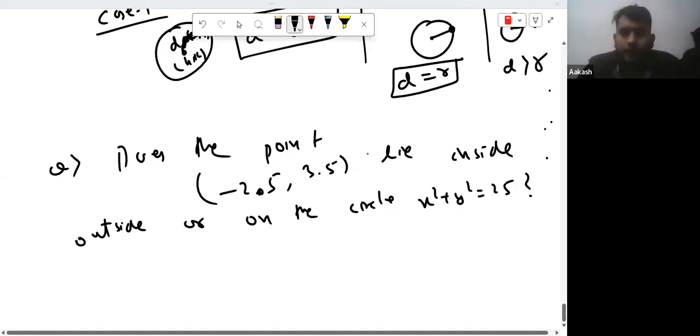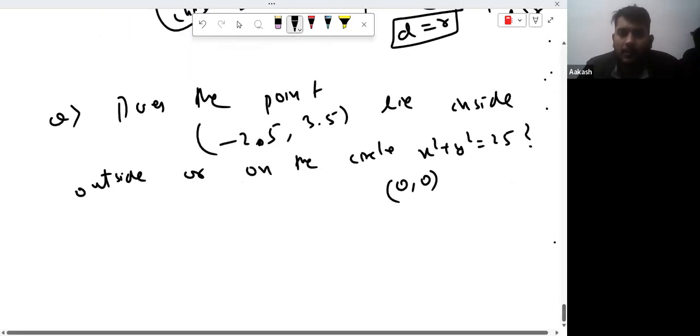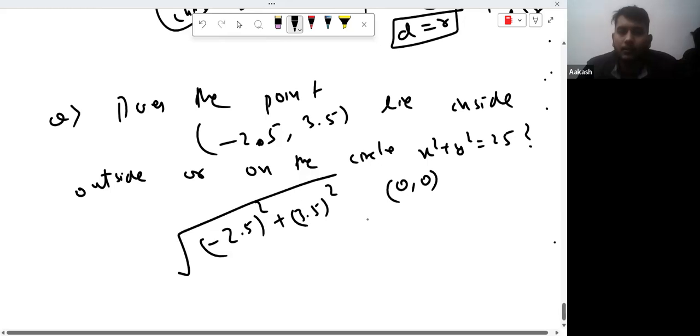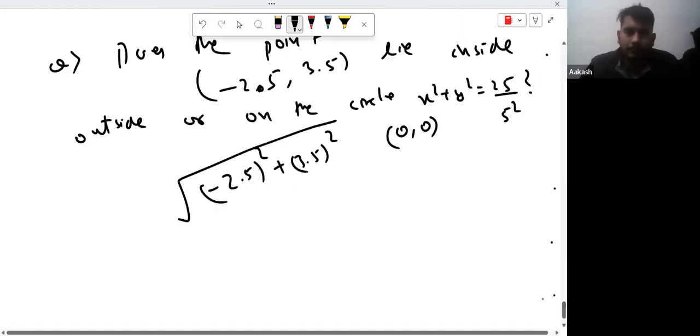Done. The center is 0, 0, right? And the point is minus 2.5 and 3.5. So we'll see root of 2.5 square plus 3.5 square, and we want to check if it is less than or more than 5.